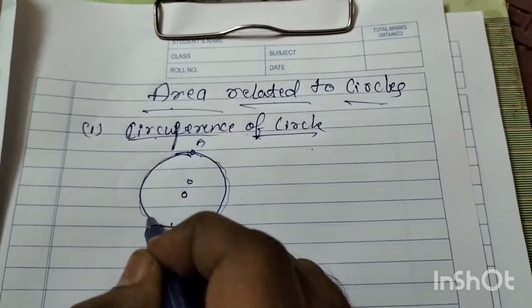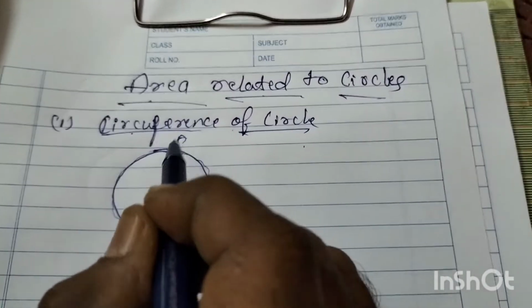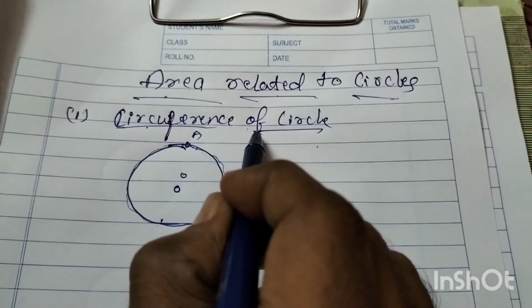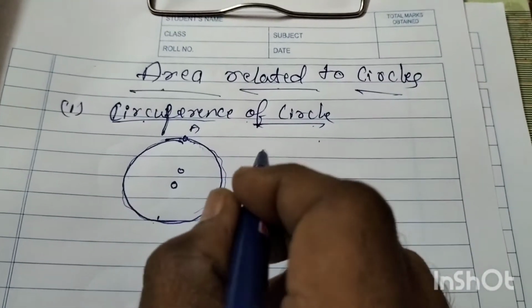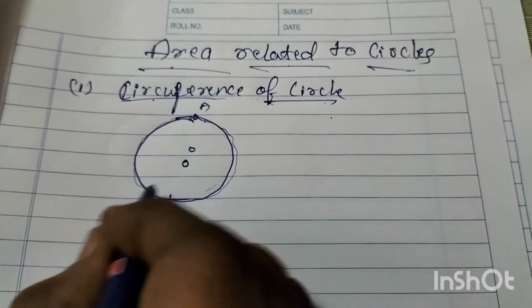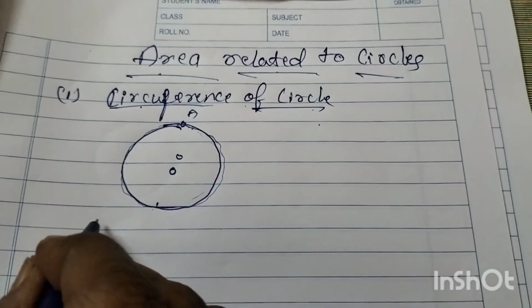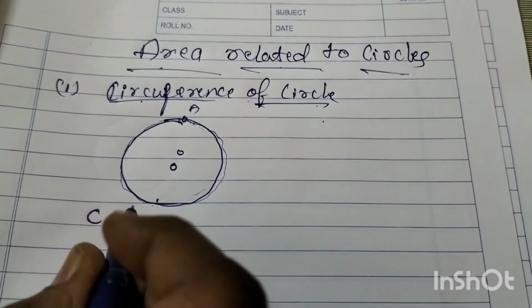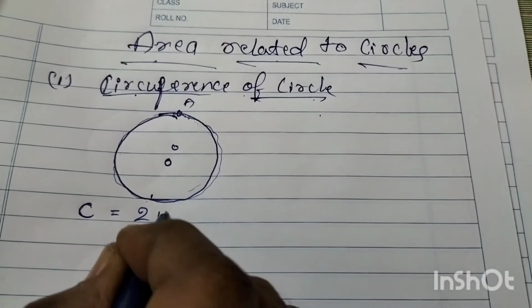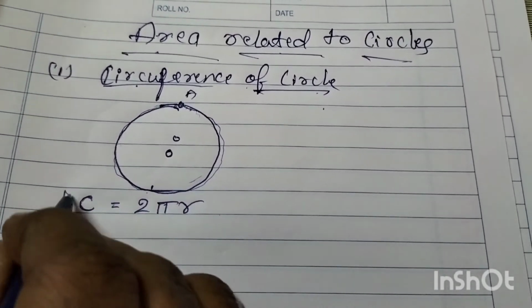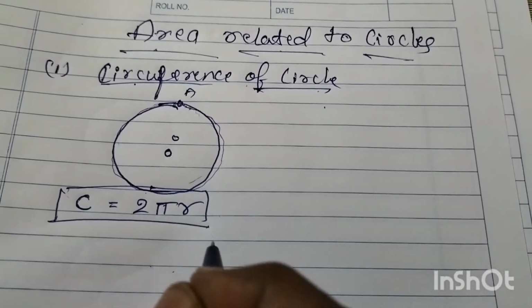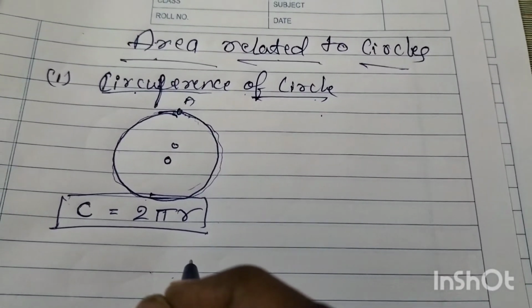One complete revolution of this circle is called circumference of the circle, and the formula to find circumference of the circle, denoted as C, is C is equal to 2 pi r. It is the formula to find circumference of the circle.